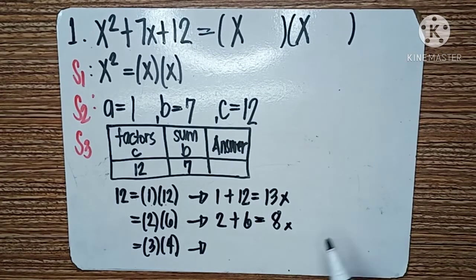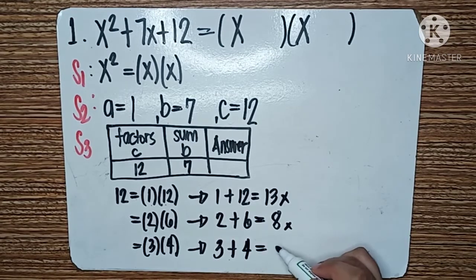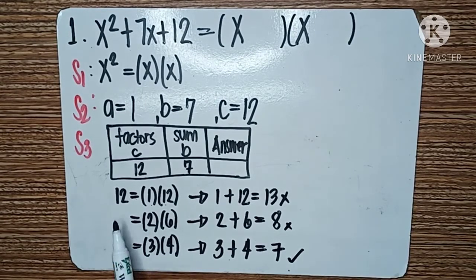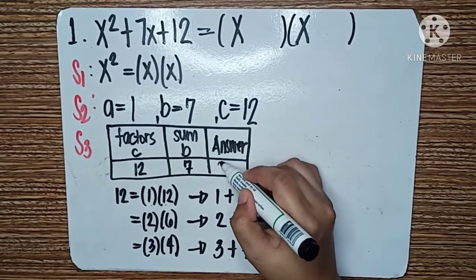So, mali ulit. Another, for the last one, 3 plus 4 equals 7. Oops, tignan. Pareho. Ito yung hinahanap natin. So, check. Therefore, ang hinahanap nating factors of 12 is 3 and 4.